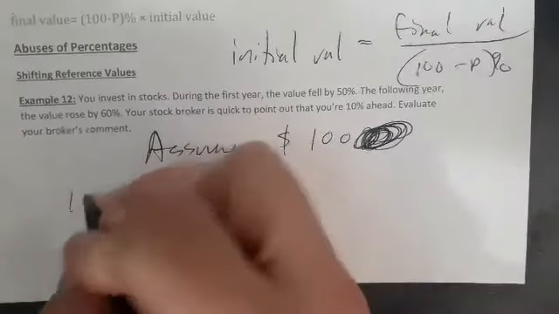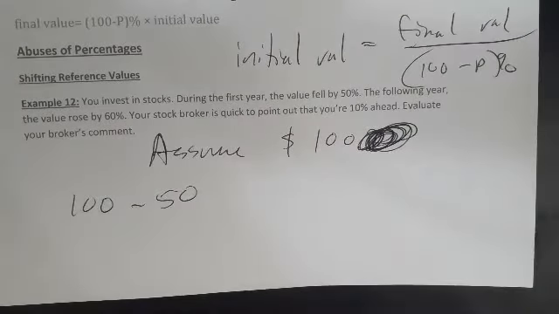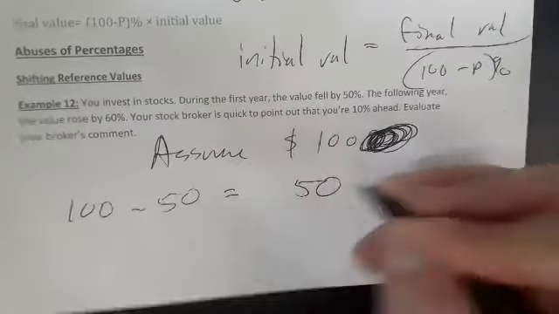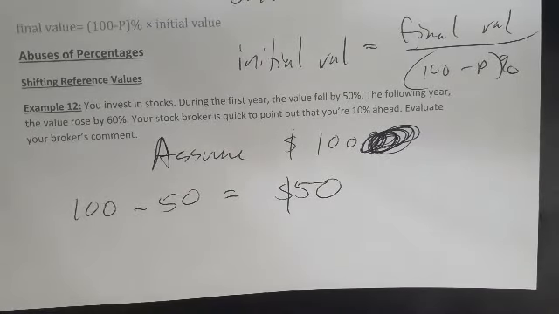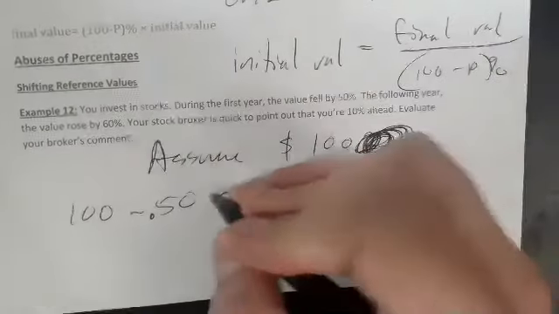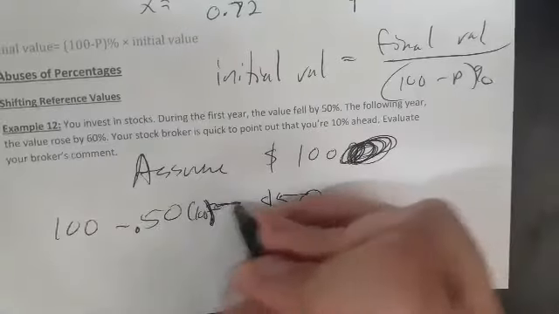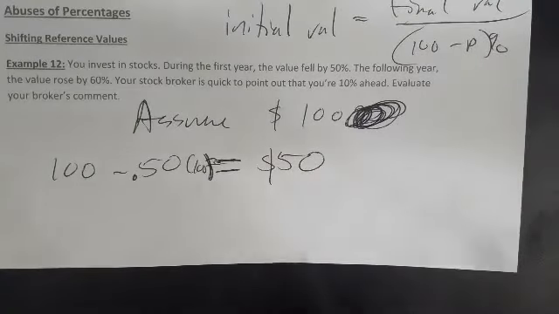So if we start with 100 and it fell by 50, now we're at $50. Part of this is because we're doing 50% of 100. If it falls by 50%, it's falling by 50% of 100. Okay, so now we're at 50.